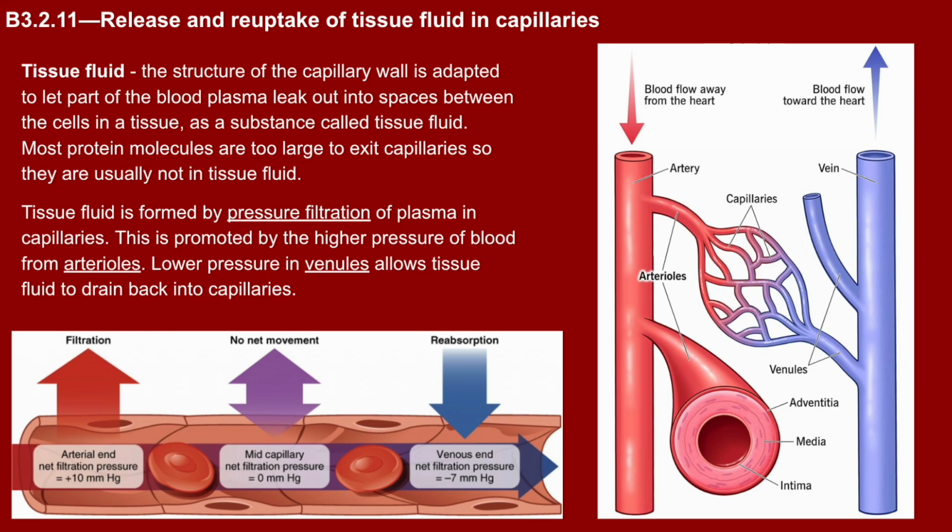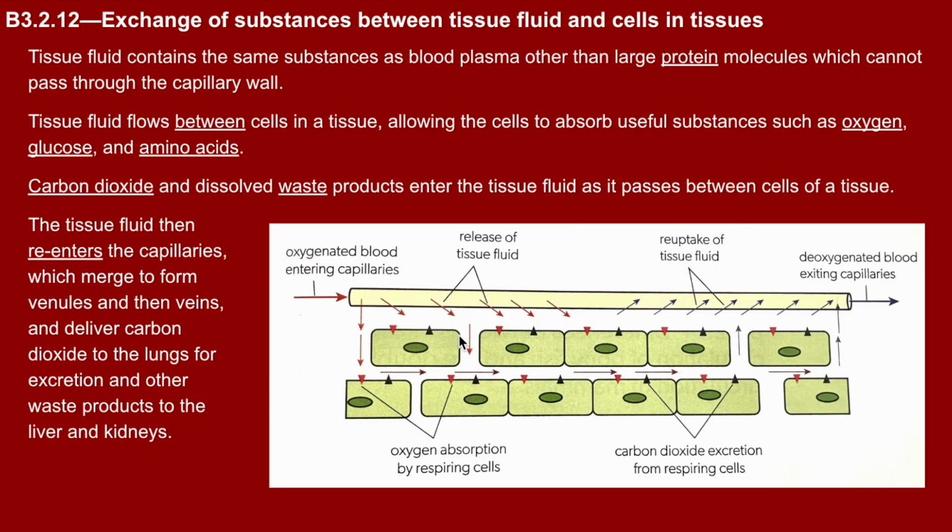Once it comes out, it's called tissue fluid. So tissue fluid is just blood plasma, the liquid part of the blood, minus the proteins that are too big. Okay, then we're going to see that tissue fluid circulates around all of those nearby cells that are near that capillary, dropping off oxygen, dropping off glucose, amino acids, and picking up CO2, urea, waste products.